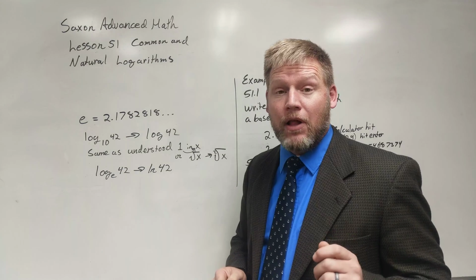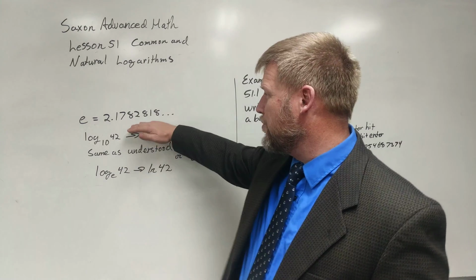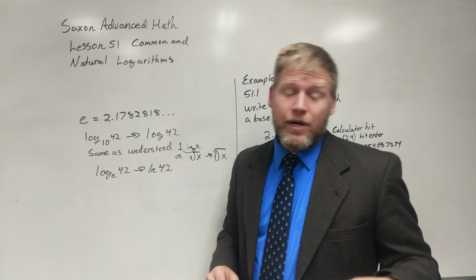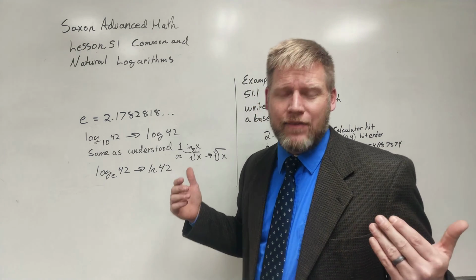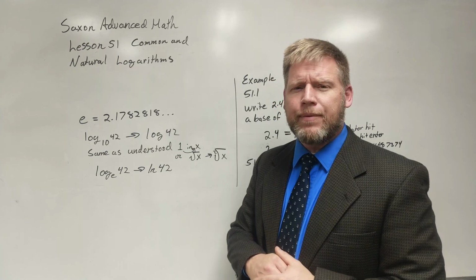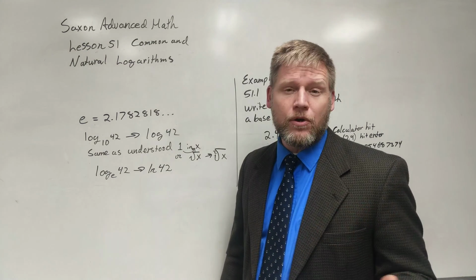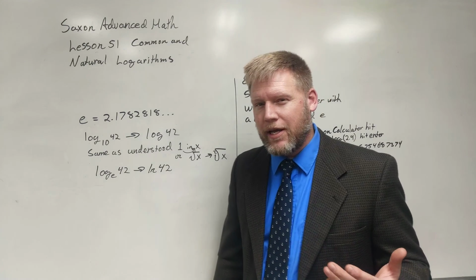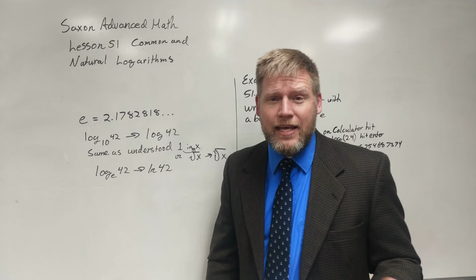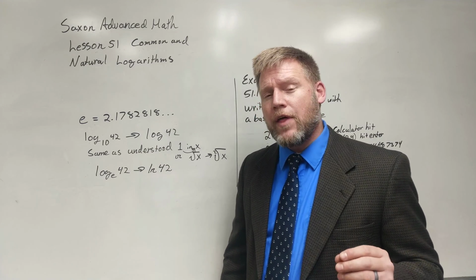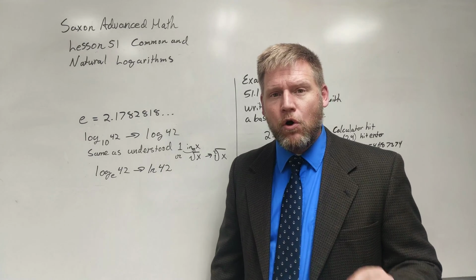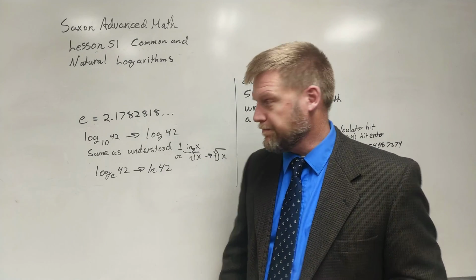Another one that comes up a lot is base e. And I put the value of e. I want you to think of it a lot like you would pi, where it's an irrational number. It does not have an ending to it, so we assign a letter value to it. Where that happens quite often is in calculus or in finance, when I'm finding an interest rate that's recalculated infinitely. That e comes in handy. And so that value of e is something that naturally occurs, and that's called the natural logarithm.